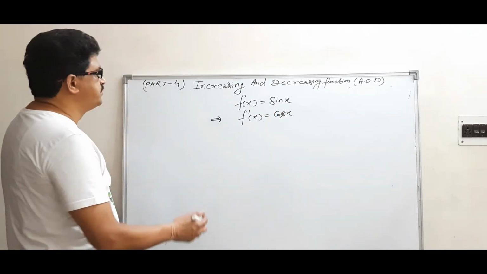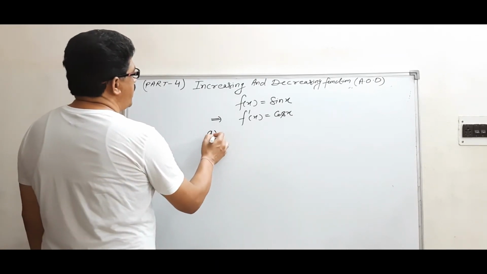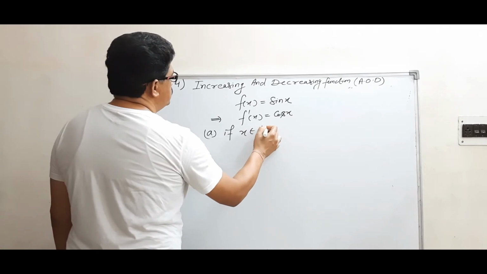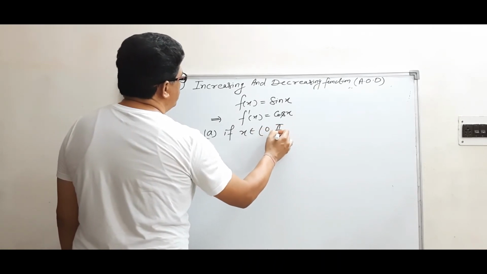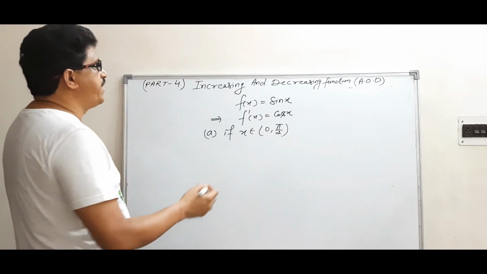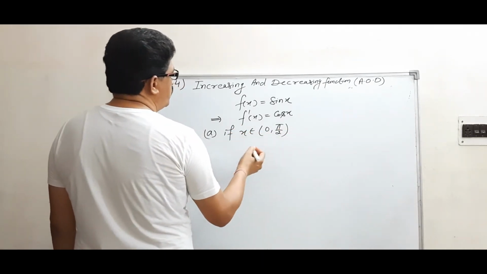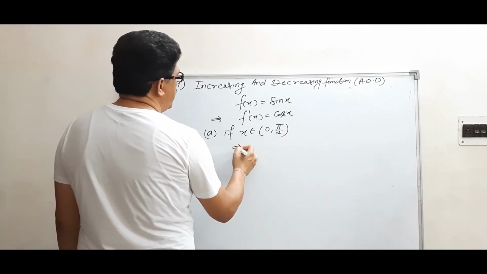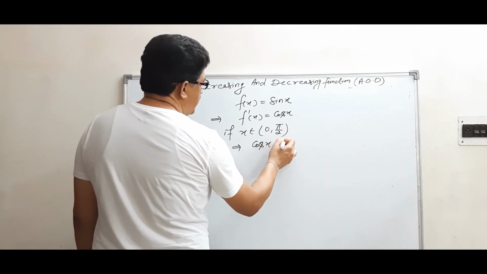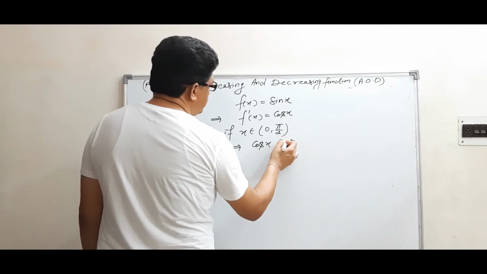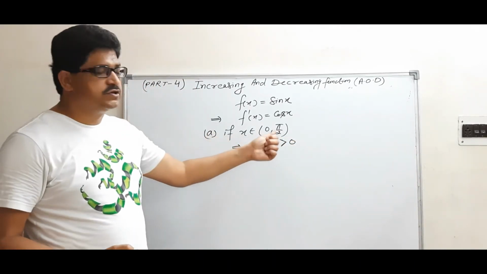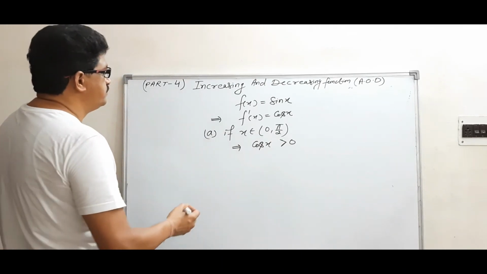Part A: if x belongs to 0 to pi by 2, cos x is greater than 0 because in the first quadrant cos x is greater than 0.